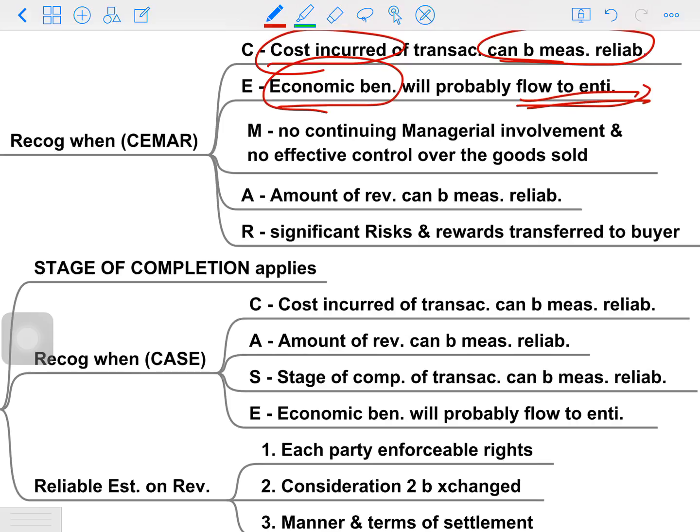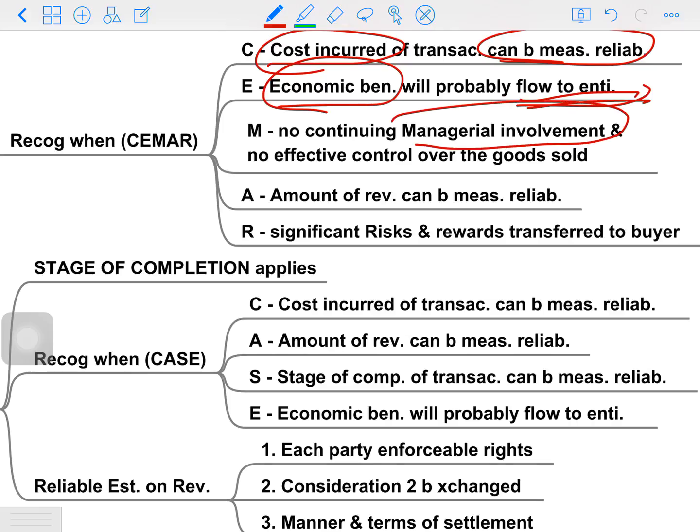Okay? Probably you sell today, you will get the money in 3 months' time, or you get the money on the spot. So the probability of receiving the money is quite big. Maknanya economic benefit will probably flow to the entity. So you will get economic benefit in terms of money.